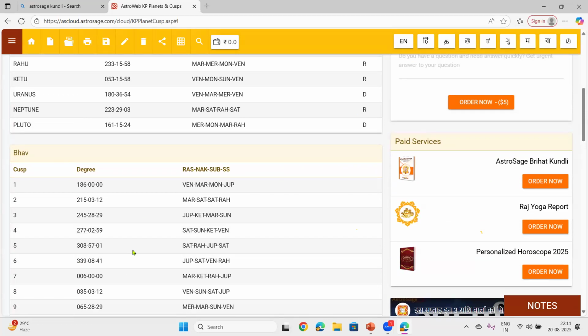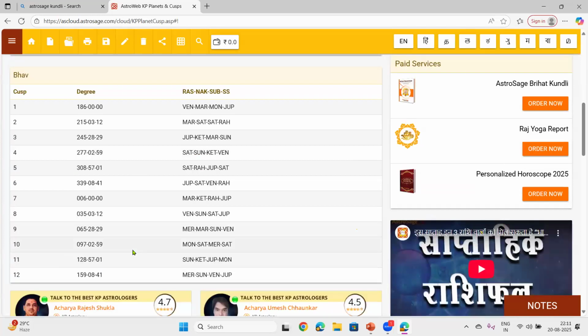Childbirth is from the 5th, 11th and 2nd. Some kind of miscarriage should be seen from the 4th, and also the 10th and 1st. So directly the house involved should be the 4th.